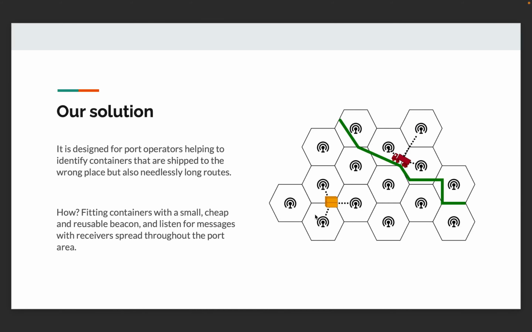And in particular, our solution will provide data in order to perform analysis and use such data exploiting localization algorithms. And all of this will be possible with a small beacon on every container and a receiver that will cover a specific area.